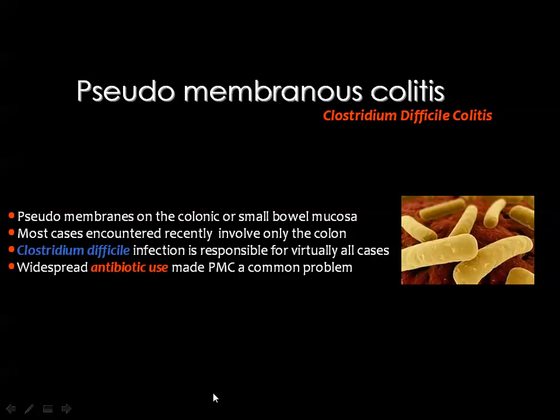Then we came to a lesion which is now seen commonly in the colon, which is known as pseudomembranous colitis or Clostridium difficile colitis, because this is the bacteria responsible for this type of inflammation. And it is stated in the literature that this pattern of inflammation may affect the colon or the small bowel, but most of the cases are seen affecting the colon in particular.